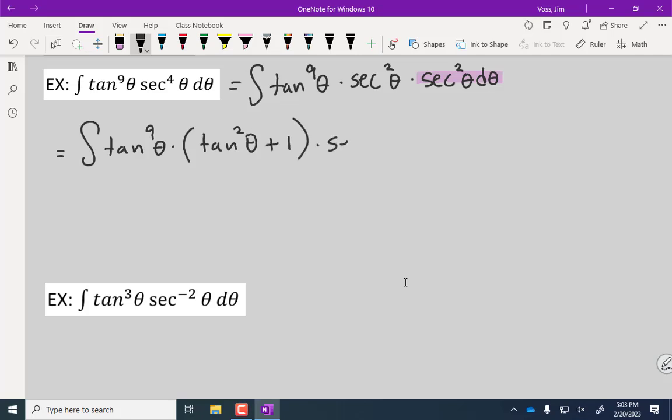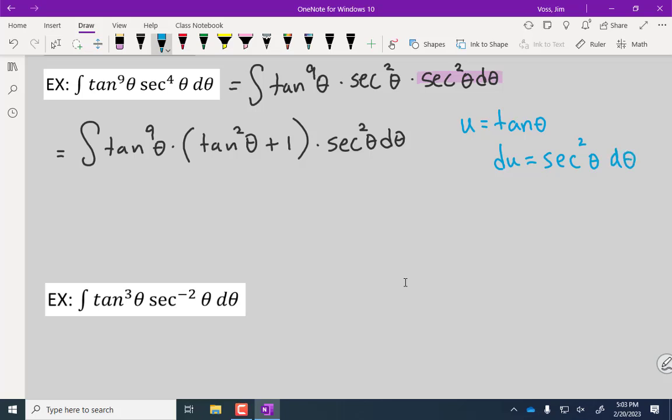So now if we let u be tangent, du is secant squared of theta d theta.